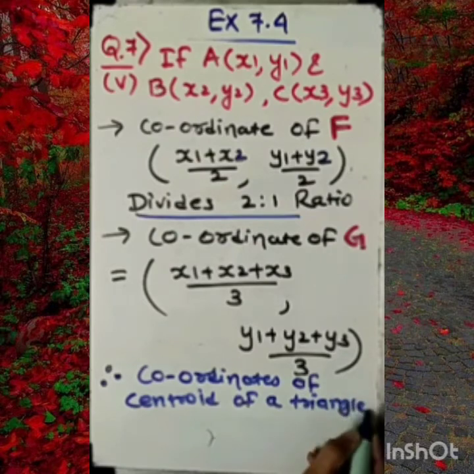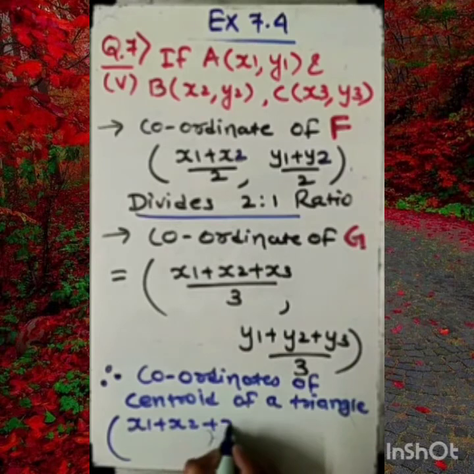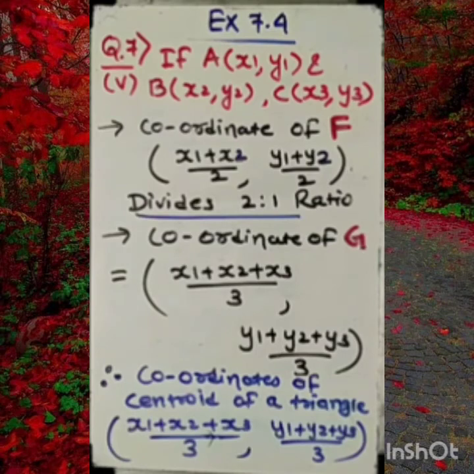What will it be? That is x1 plus x2 plus x3 divided by 3, comma, y1 plus y2 plus y3 divided by 3. These are the coordinates for the centroid of a triangle.